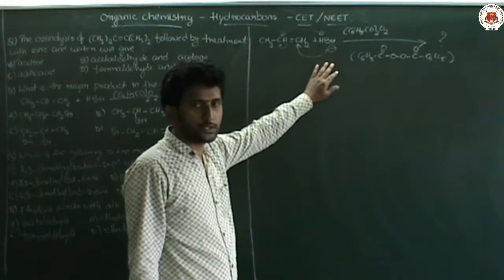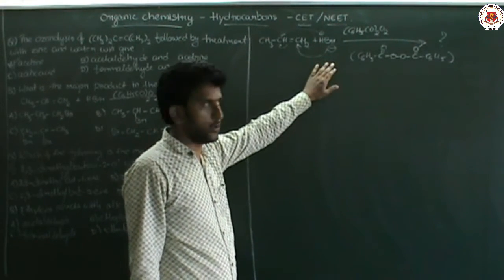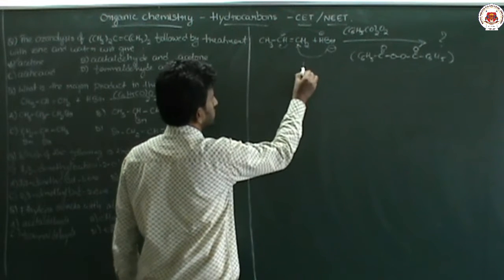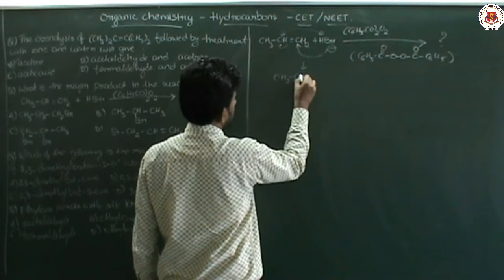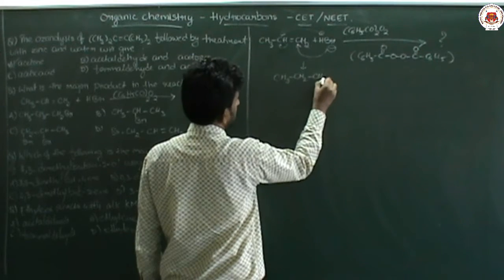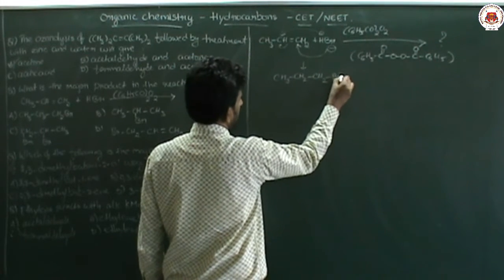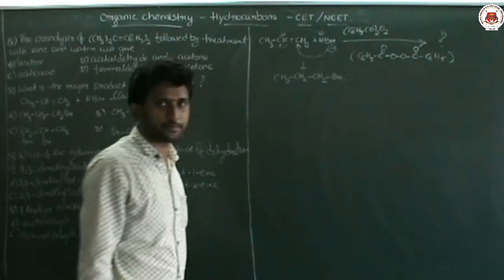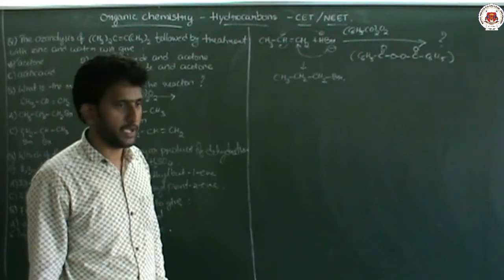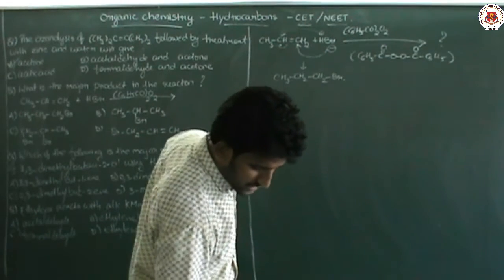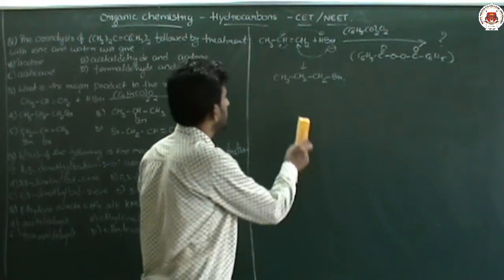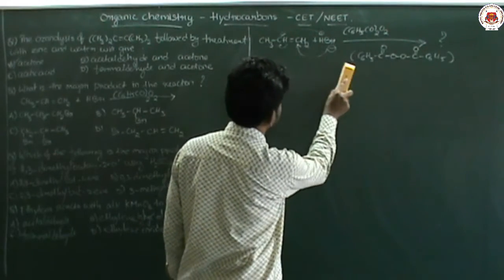Means, according to the anti-Markovnikov rule, bromine should attach to the first carbon. So, the major product must be 1-bromopropane. But why is it 1-bromopropane? I will try to explain it by mechanism.